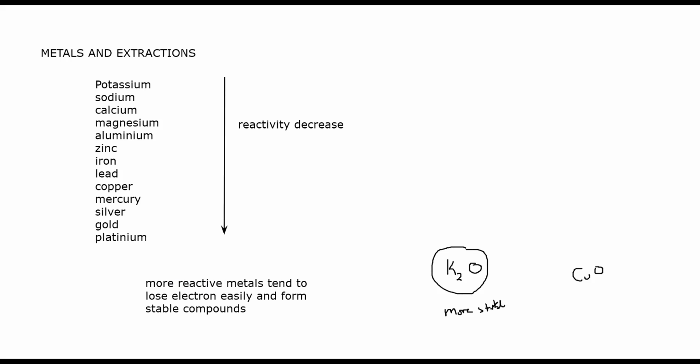So for more reactive metals, their compounds are stable. But if I ask the same question, if I say I have potassium and I have copper, which is more stable? Potassium or copper? Less reactive metals are more stable. So for more reactive metals, their compounds are stable. For less reactive metals, their atomic state or metal form is more stable.